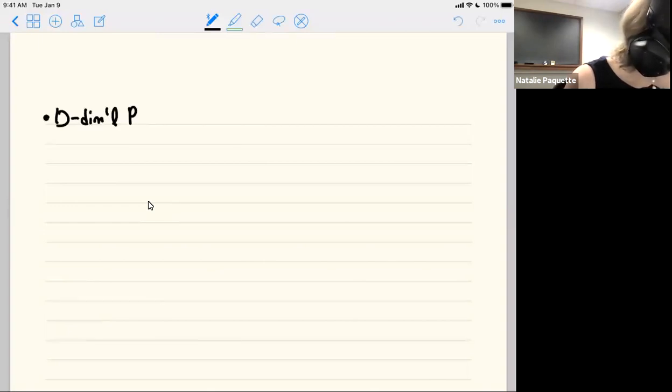So the Polyakov action has a number of local and global symmetries that we want to keep track of. We want to preserve global symmetries, and we have some gauge symmetries that we're going to need to gauge fix if we want to proceed to quantize this classical string action. So we have a global symmetry, global from the point of view of the world sheet, that's d-dimensional space-time Poincare invariance.